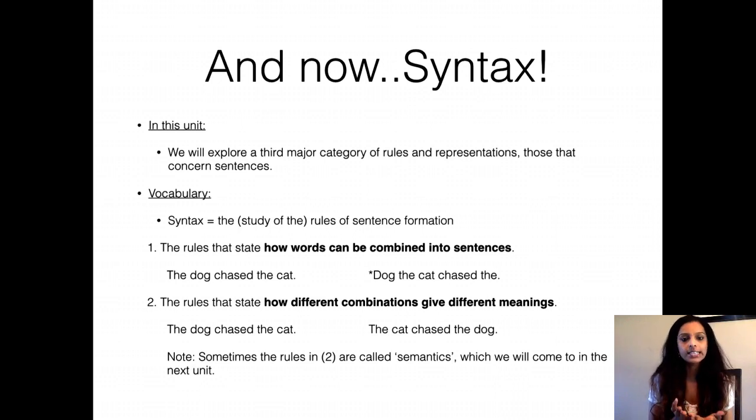I've defined syntax for you. It's the study of the rules of sentence formation. So syntax tells you how you can combine different words into sentences, such as the dog chased the cat. And as you can see, star dog, the cat chased the is not a grammatical sentence of English, and that's why I have the star in front of it, which means that this sentence is not grammatical.